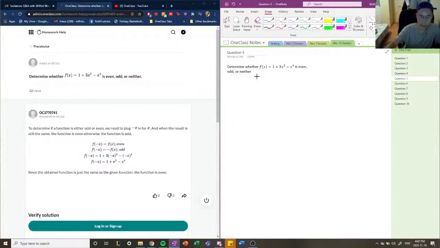When a function is even, regardless of whether the x value is positive or negative, it will always output a positive value, I guess you can say. A very good example of an even function is x squared.